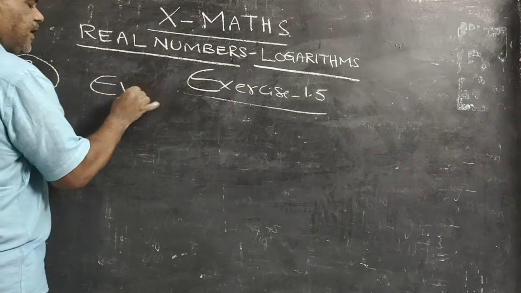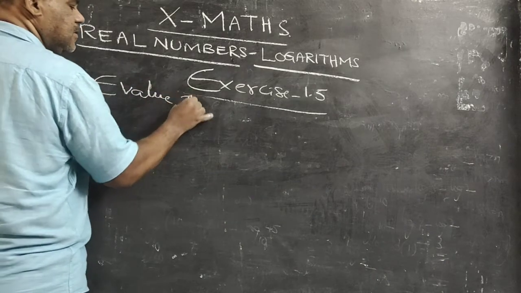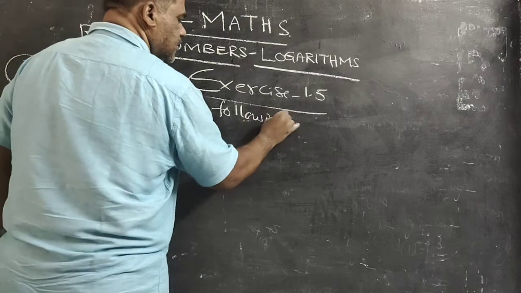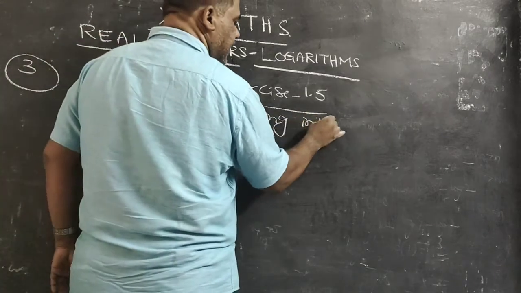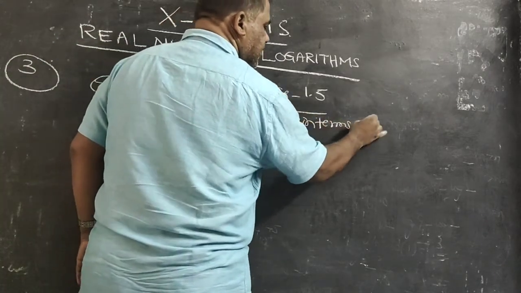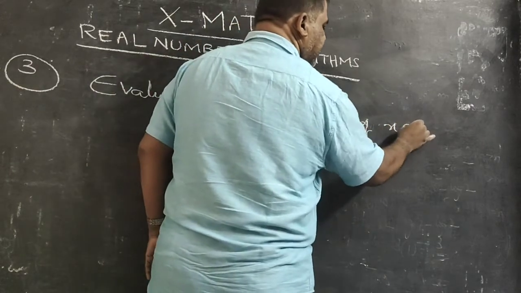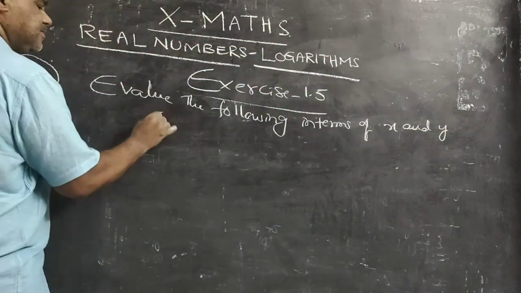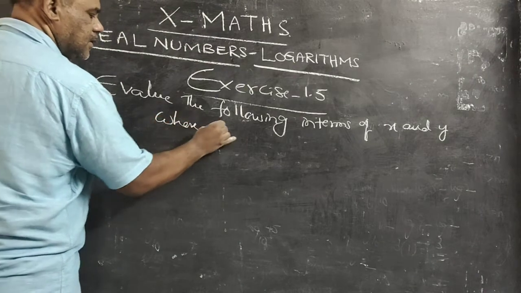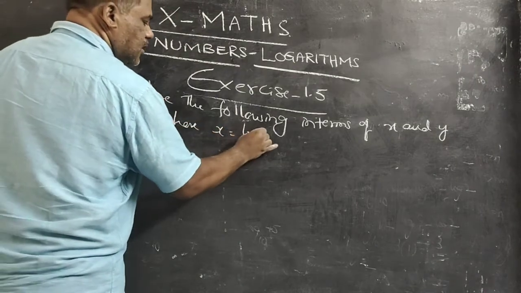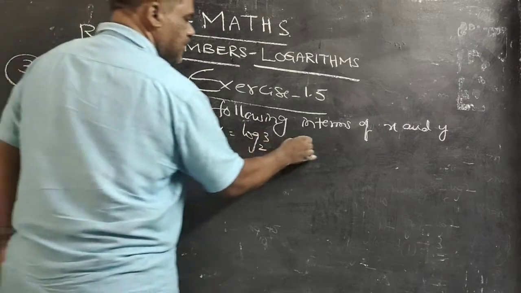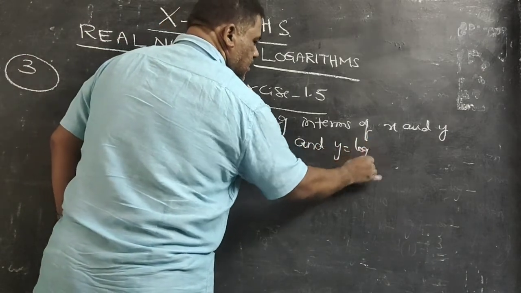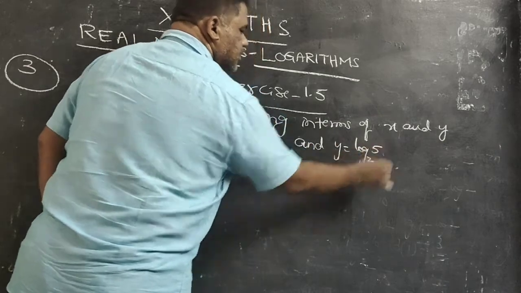So evaluate the following in terms of x and y, where x is equal to log 3 base 2 and y is equal to log 5 base 2.